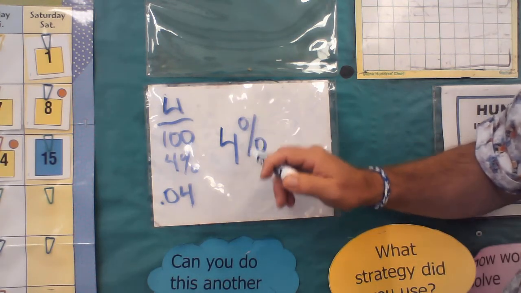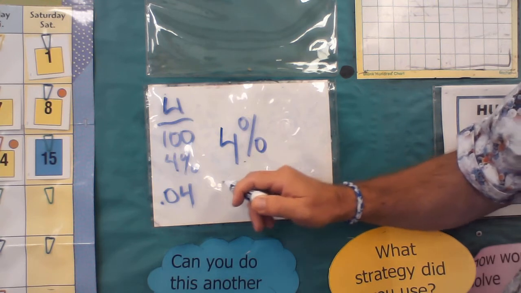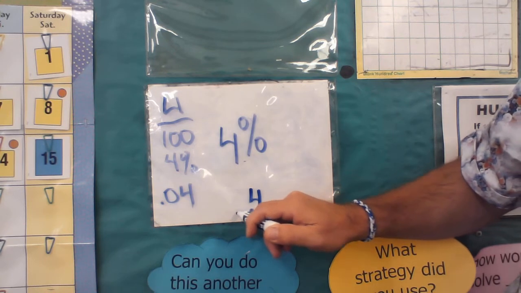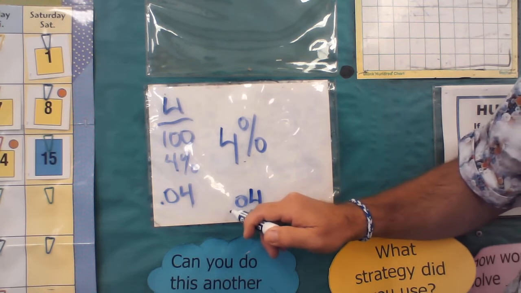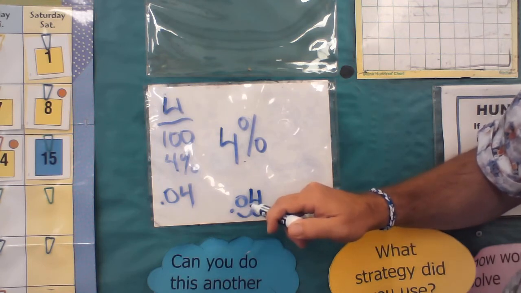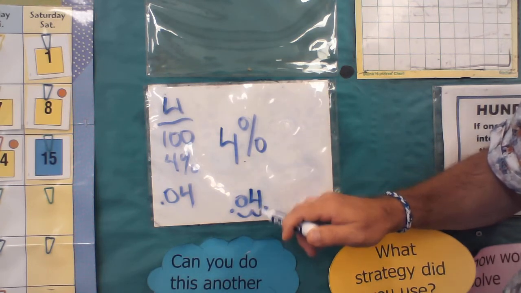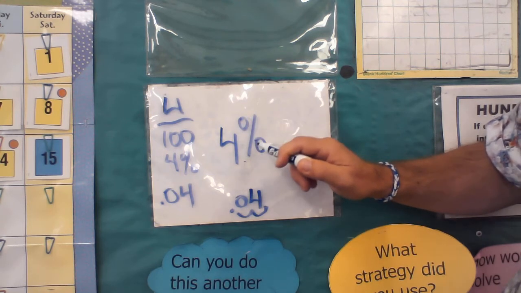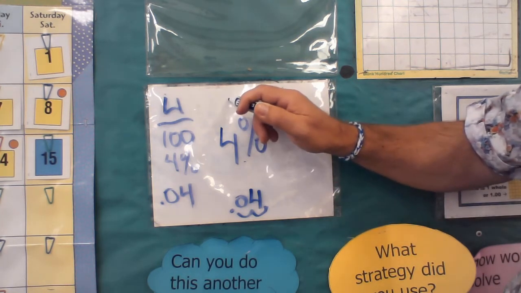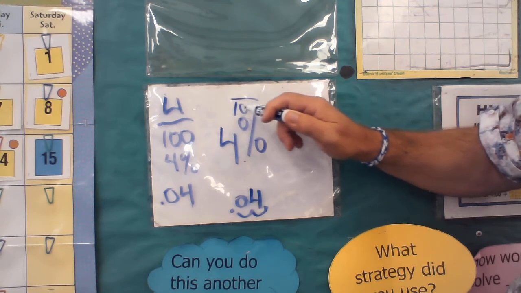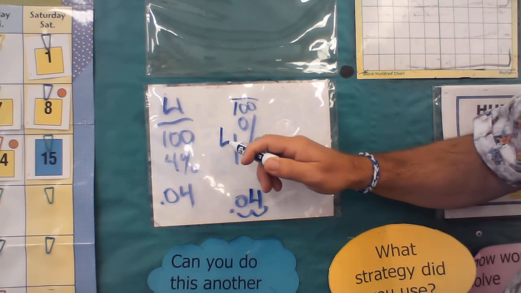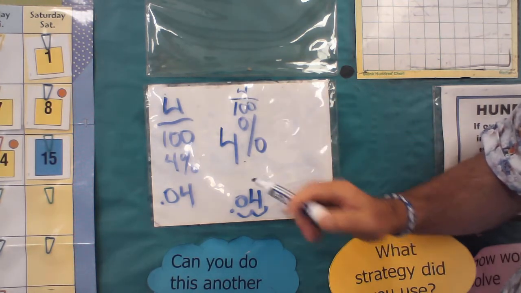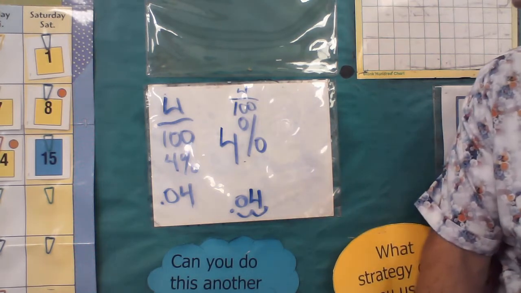So you move it over 1, 2 spaces, because each place value represents tens, and so 4% equals 4/100ths. You also can see that these two zeros represent the denominator 100. And so then you just put the number in front on top. So we have 4/100ths, 4%, and 4/100ths.